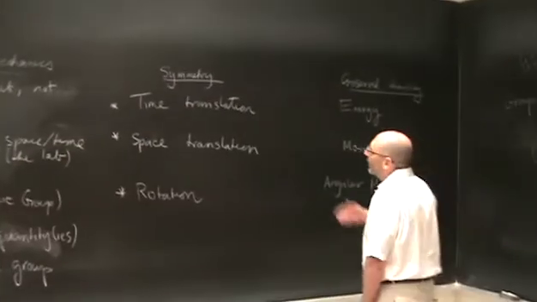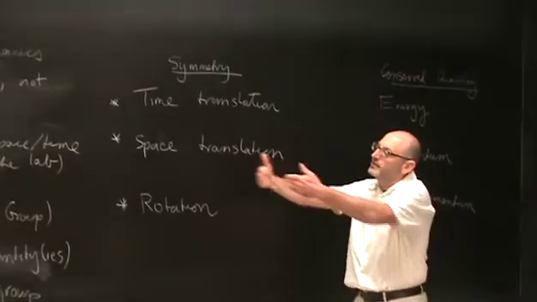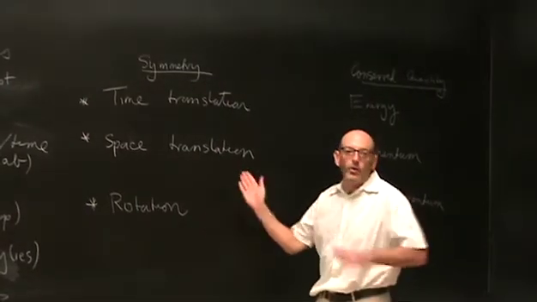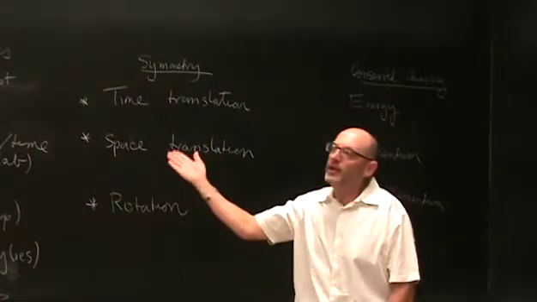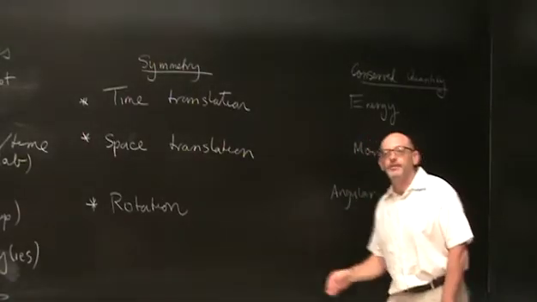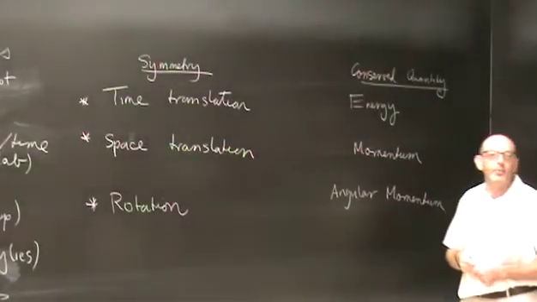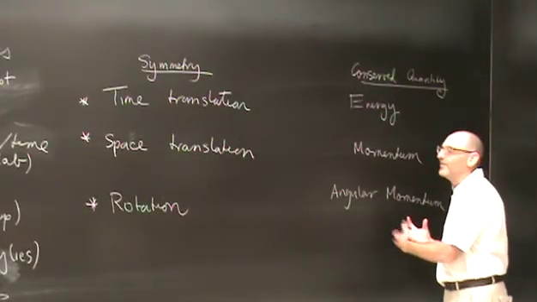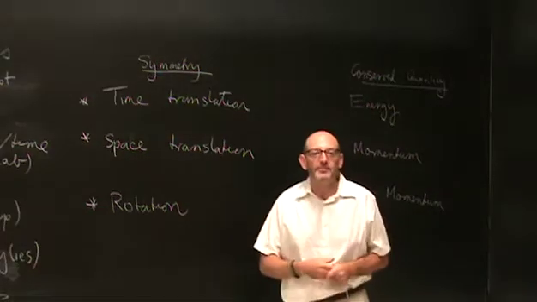Other symmetries are space translation, or the isotropy, the rotational symmetry of space. That's associated with conservation of angular momentum, and that tells us that angular momentum is the generator of the group of rotations. Okay?